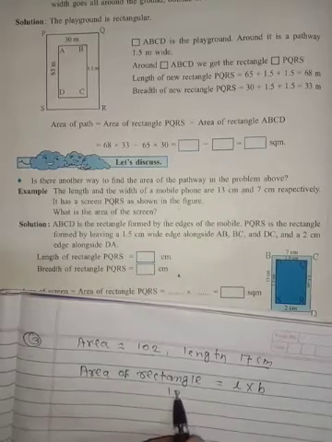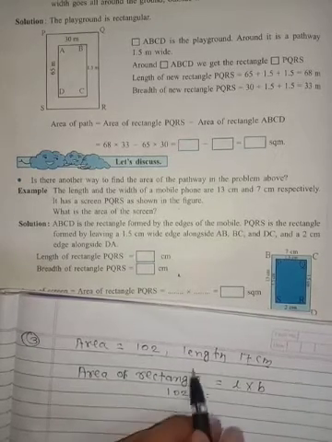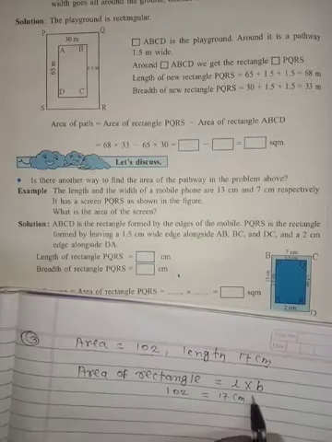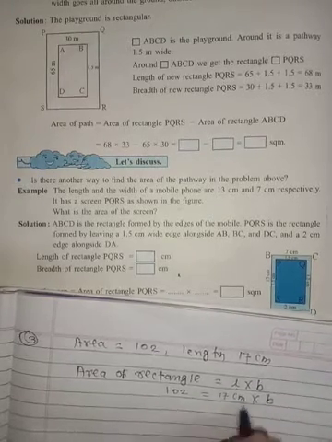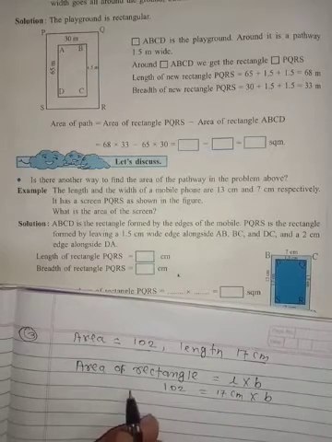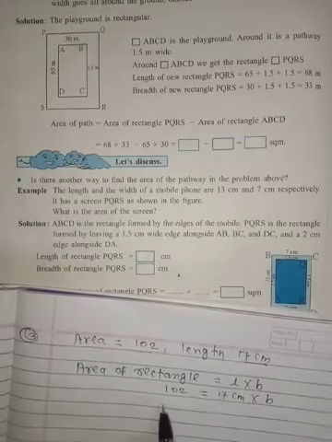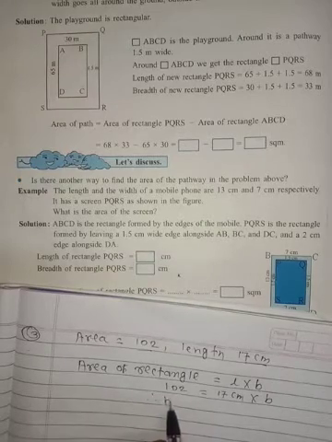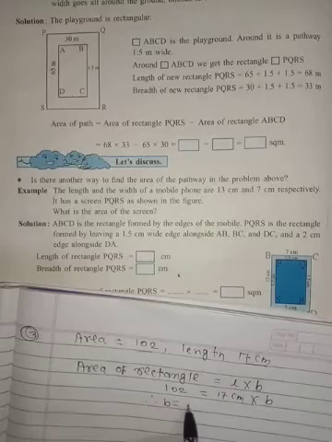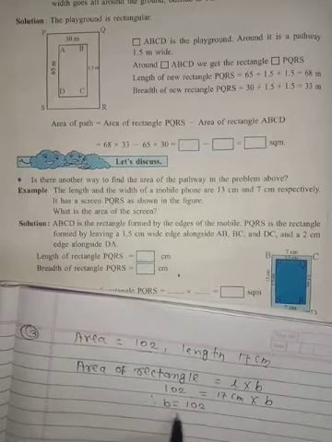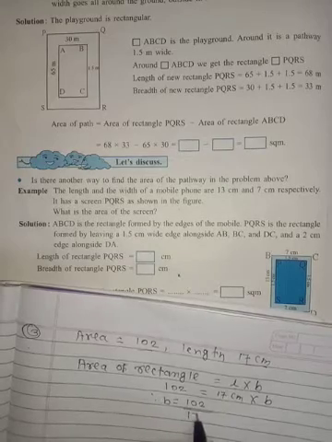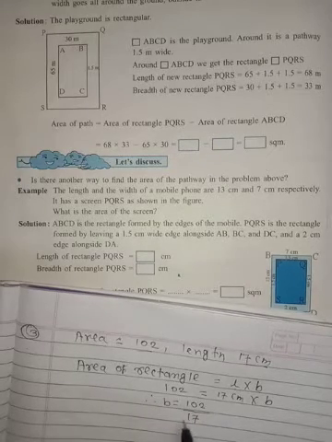So 102 equals, and the length is 17 centimeter. We don't know breadth. Now let's find out the breadth. Therefore B equals, if we write here 102 as it is, 17 will come in the denominator, so it is 102 upon 17.